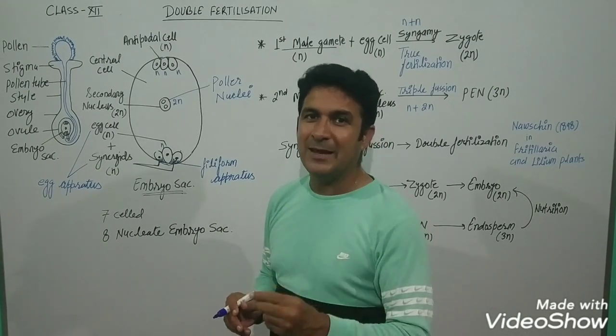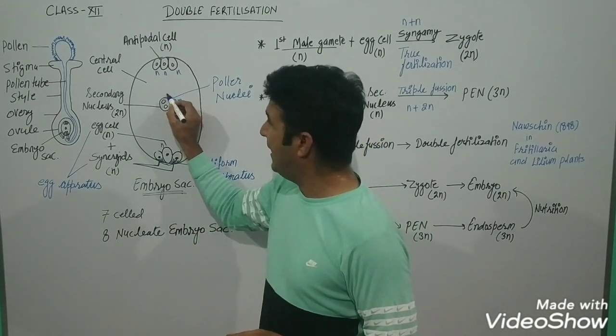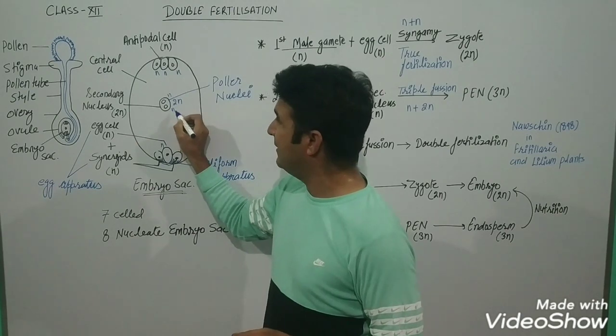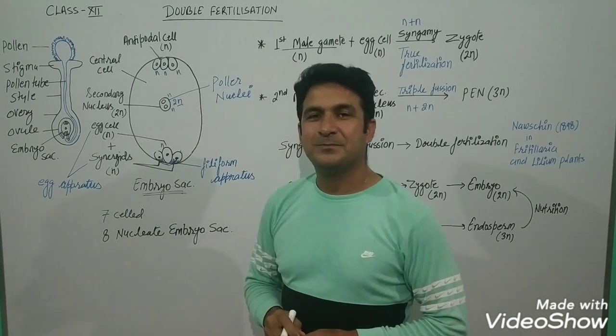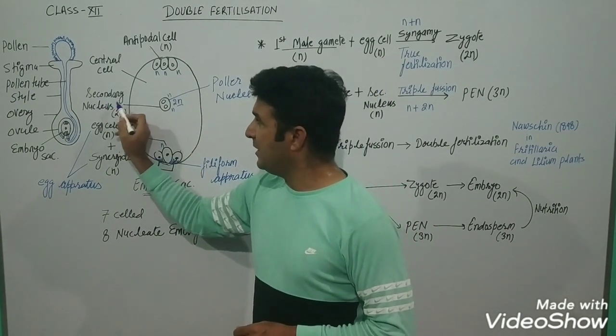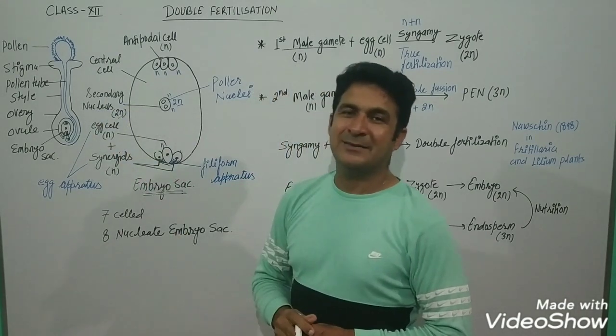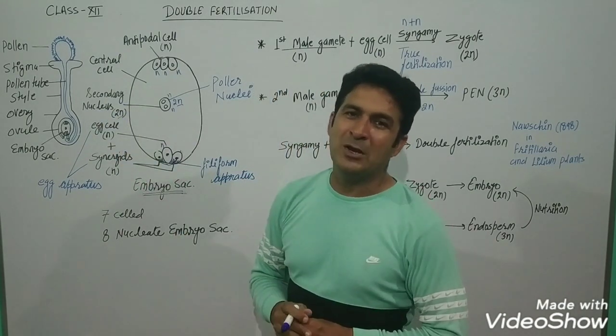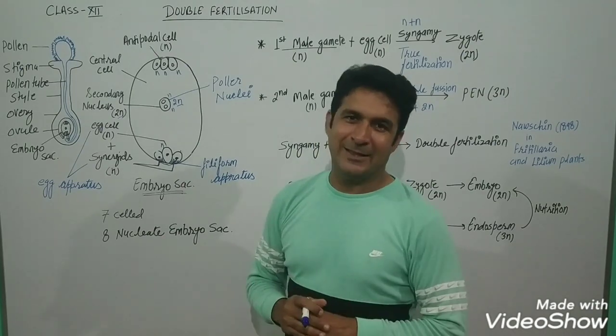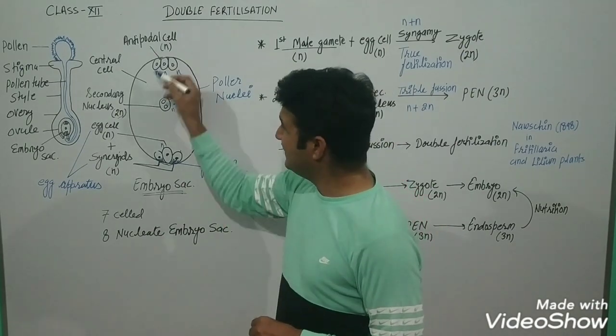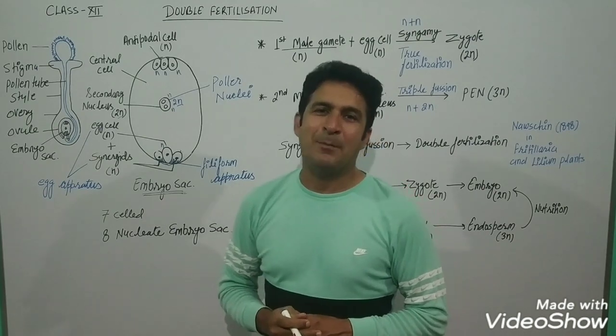So 2 polar nuclei, one having N and another also having N, so 2N. So the secondary nucleus is 2N. That means 2 polar nuclei having haploid ploidy. So this is about the embryo sac.